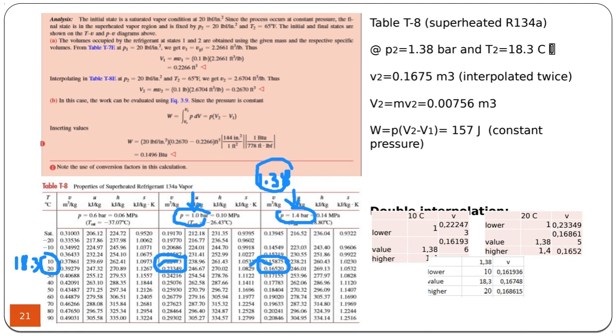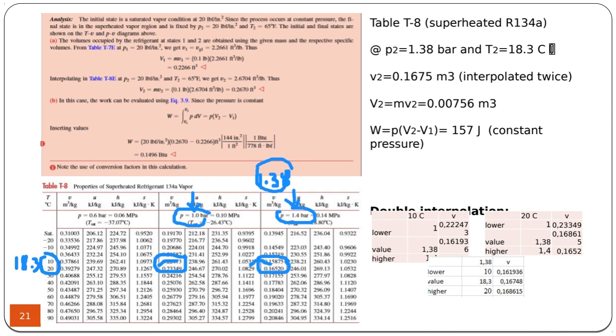So once you have the values, then you can use the interpolation of temperatures. Because you have interpolated the values for intermediate pressure, you can use this interpolated value for the intermediate temperature, which is 18.3.